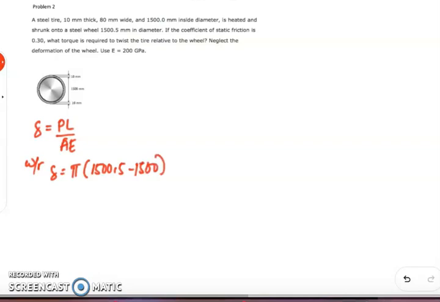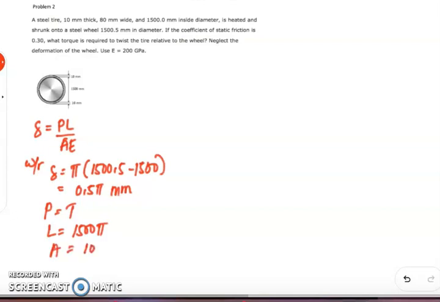So it gives us 0.5 pi mm. So our P, of course, is equal to our T. And our L, we are given 1,500 pi.